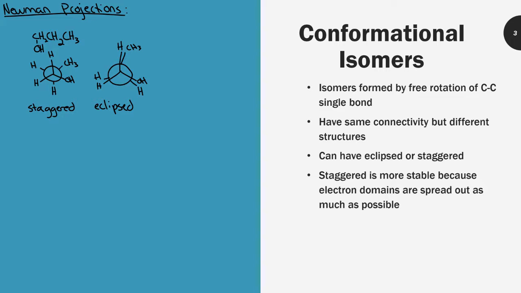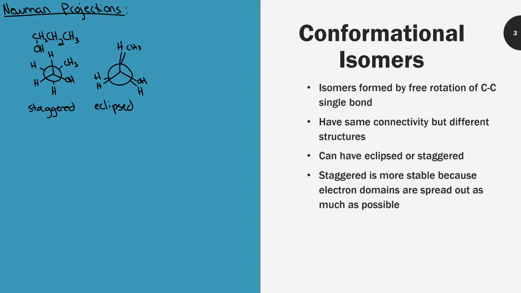And you can't really make a Newman projection just from the structural formula, but for visual sake, this is just 1-propanol. So how Newman projections work is it's a way to look at the molecule head on. So this staggered one is like here. So it's looking at it right through here.